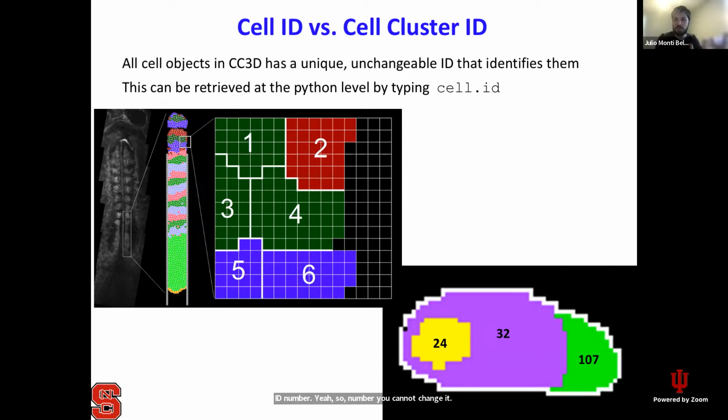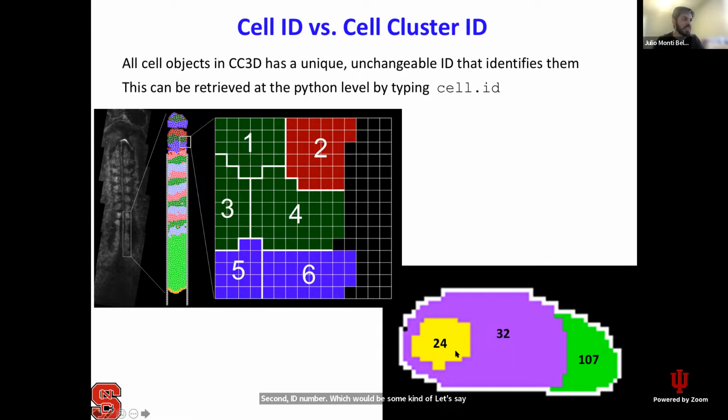So how are you going to group those cells together? How are you going to tell them that all 3 of these cells belong to the same cluster? That's done by assigning the cells a second ID number, which would be, let's say, the family name of those cells.